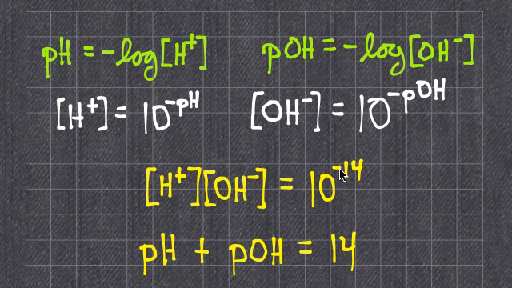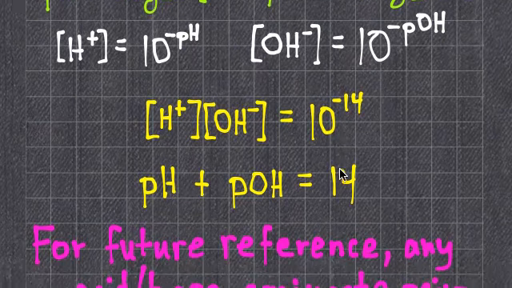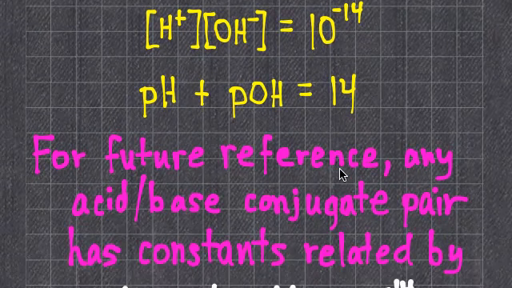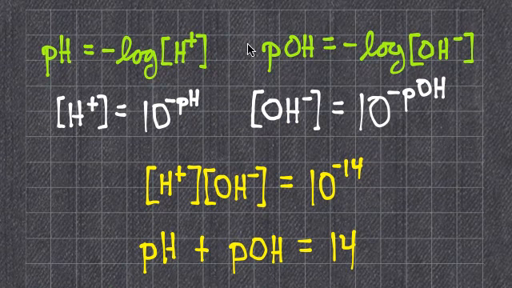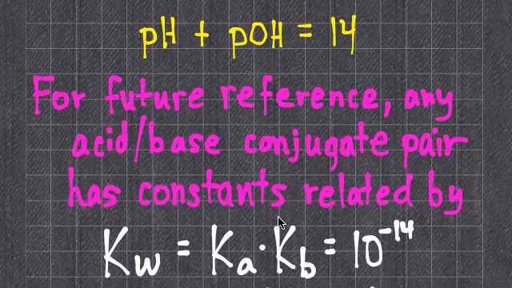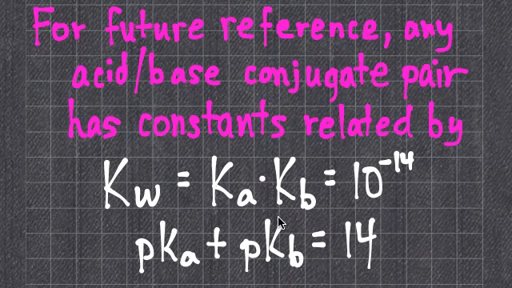This is interesting, but a little confusing, so we better try a few. Oh, for future reference, there's an analogy to this, an extension, for any acid conjugate base pair. For any Ka and any Kb for an acid and its conjugate base, the product must still be 10 to the negative 14.